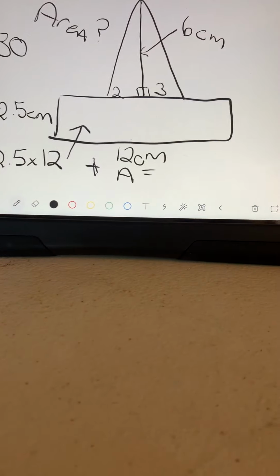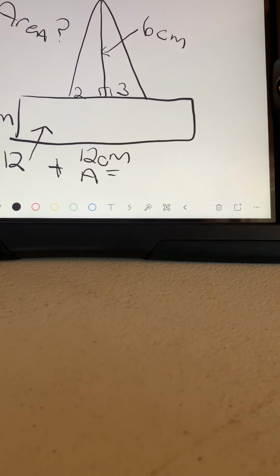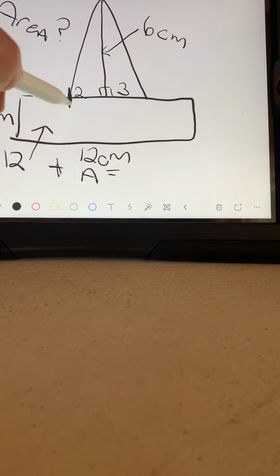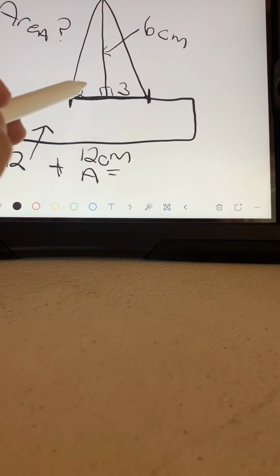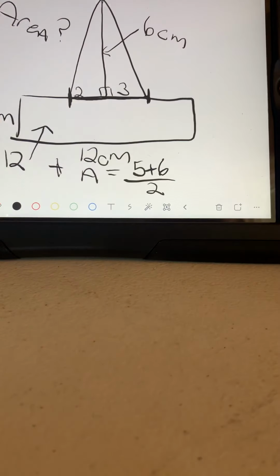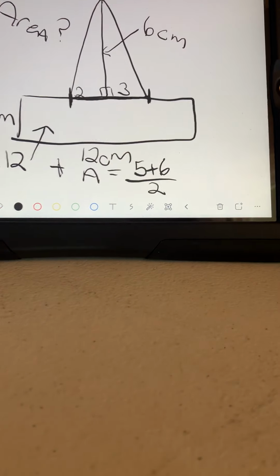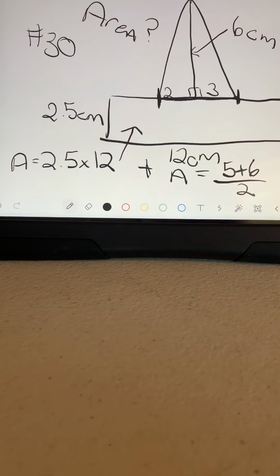Area equals base times height divided by 2, right? So our base of our triangle is going to run from here all the way to here. So we have to add. We're going to add 2 plus 3. So we have 5 plus our height, which is 6, divided by 2. So when you add those two areas together, it gives you the total area of our composite figure for number 30. Good luck. See you guys tomorrow.